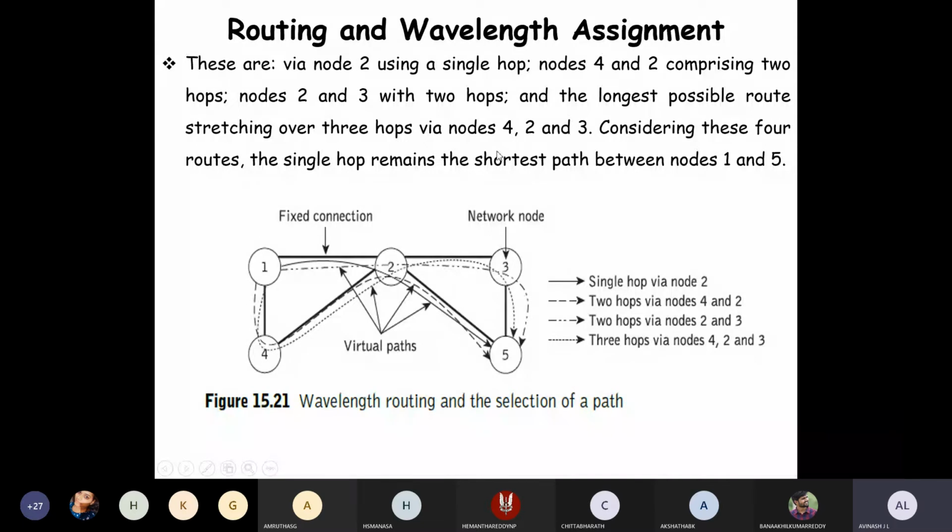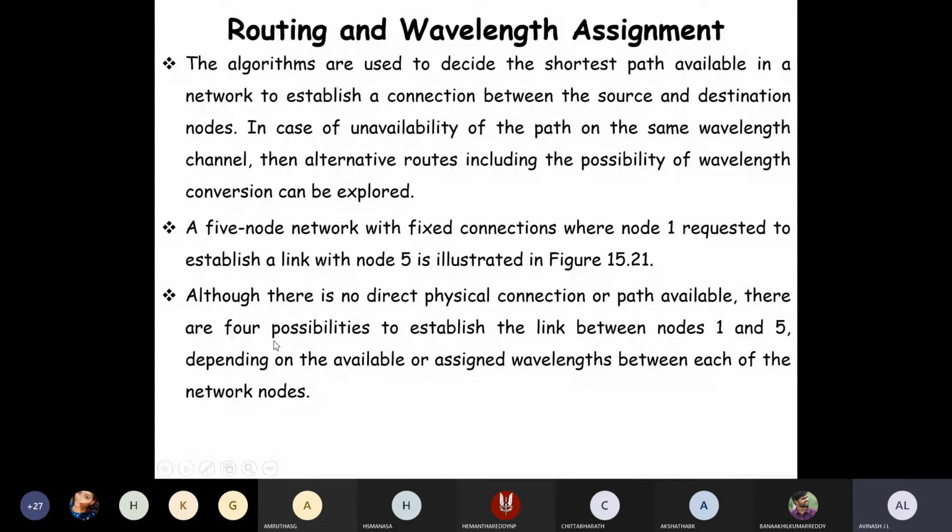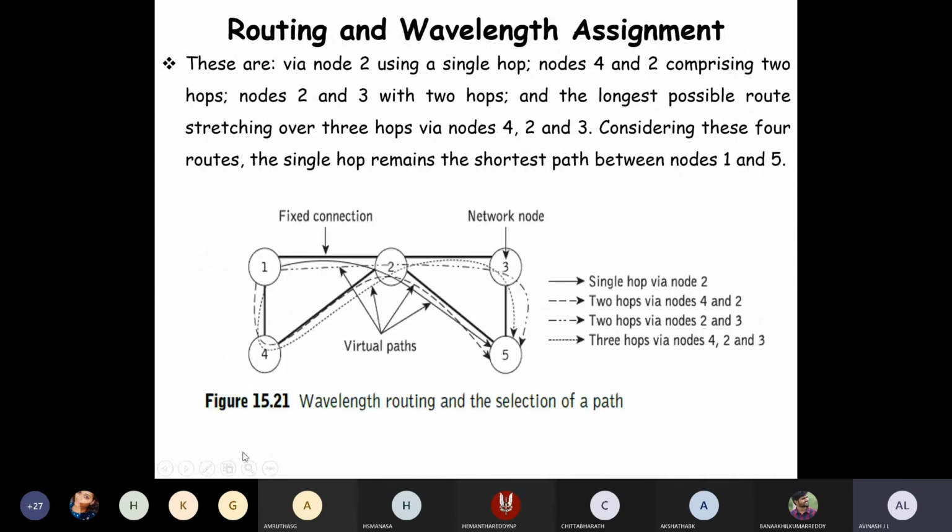Here are 2 hops. What is the thing here? We need to establish a connection from node 1 to node 5. I can go to node 2 and then to node 5. That is the shortest path, correct?